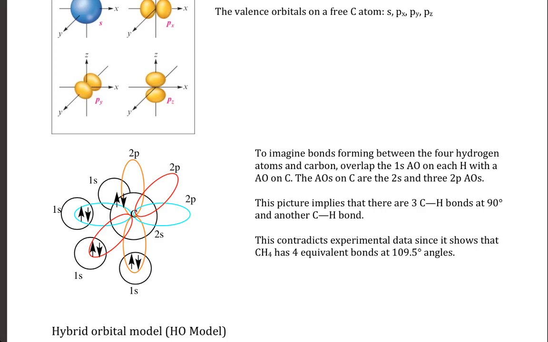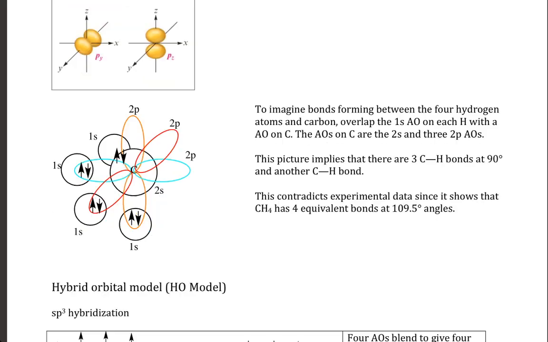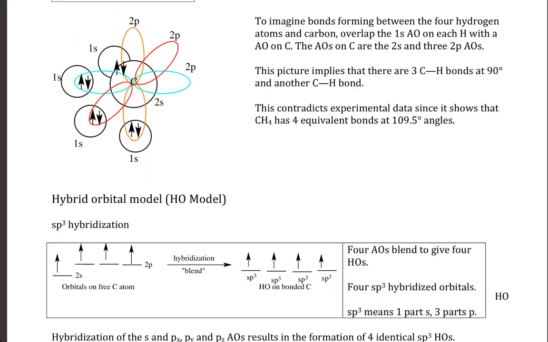Okay, so as I wrote to the right of this diagram, to imagine bonds forming between the 4 hydrogen atoms and carbon, overlap the 1s atomic orbital on each hydrogen with an atomic orbital on carbon. The atomic orbitals on carbon, as we talked about a moment ago, are the 2s and the 3 2p atomic orbitals.